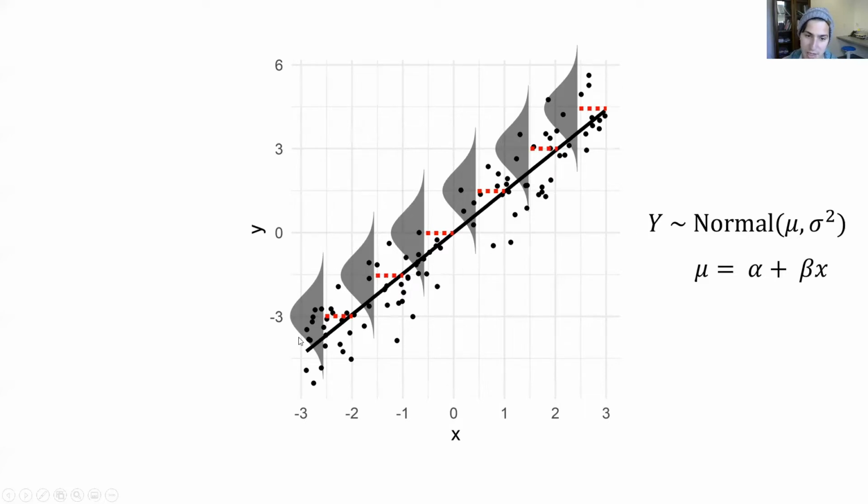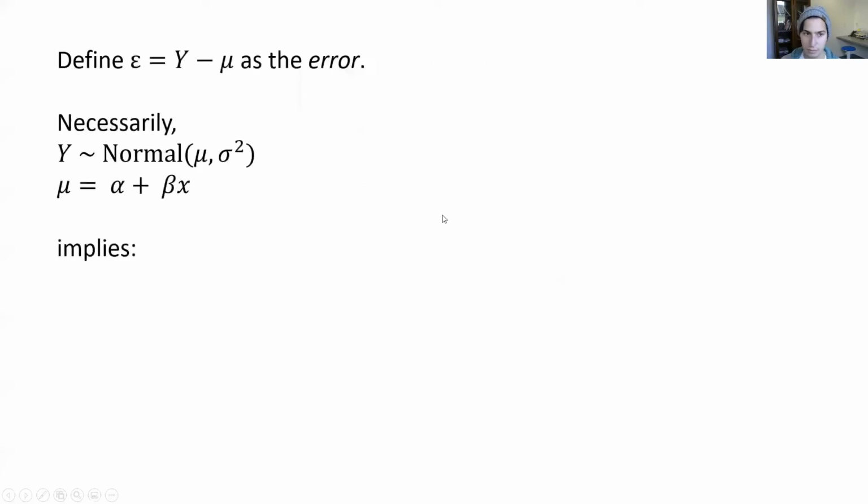So we can visualize the assumed distribution of y as this normal distribution that's moving along this axis with only the mean changing, not the variance. And this is important because the variance is not linked in any way to x.